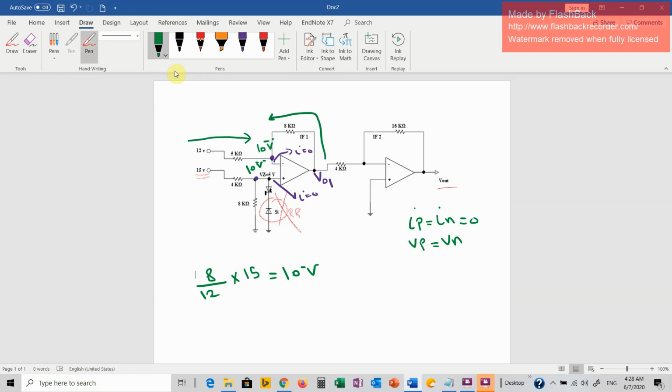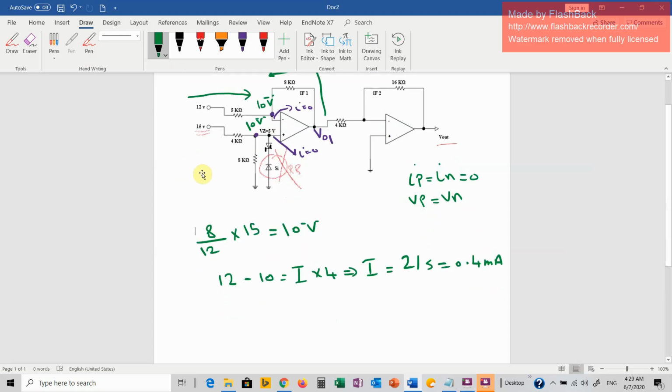So the current here, I can say this is 12 minus 10, applying Ohm's law, is equal to I times 4. That means I here is simply equal to 2 by 5, which is 0.4 milliamps.